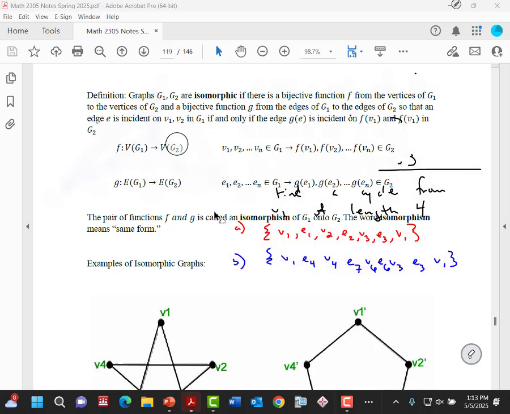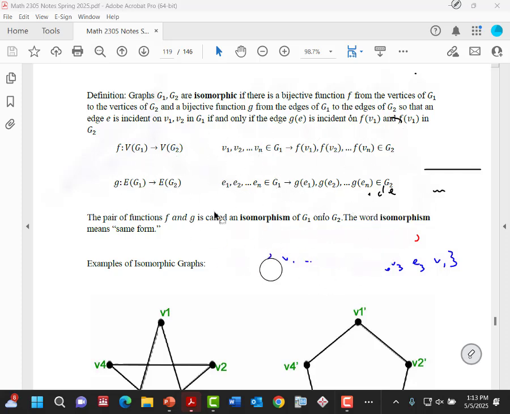Graphs G1 and G2 are isomorphic if there is a bijective function, meaning, if we recall from our section on functions, a one-to-one and onto function, f, from the vertices of G1 to the vertices of G2, and a bijective function g from the edges of G1 to the edges of G2, so that an edge E is incident on V1, V2 in G1 if and only if the edge g of E is incident on f of V1 and f of V2, excuse me, there's a typo right here, in G2.